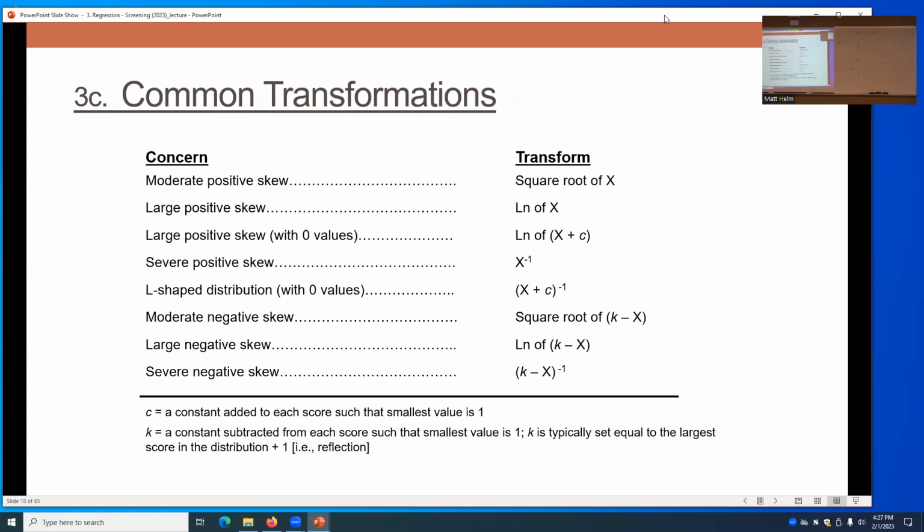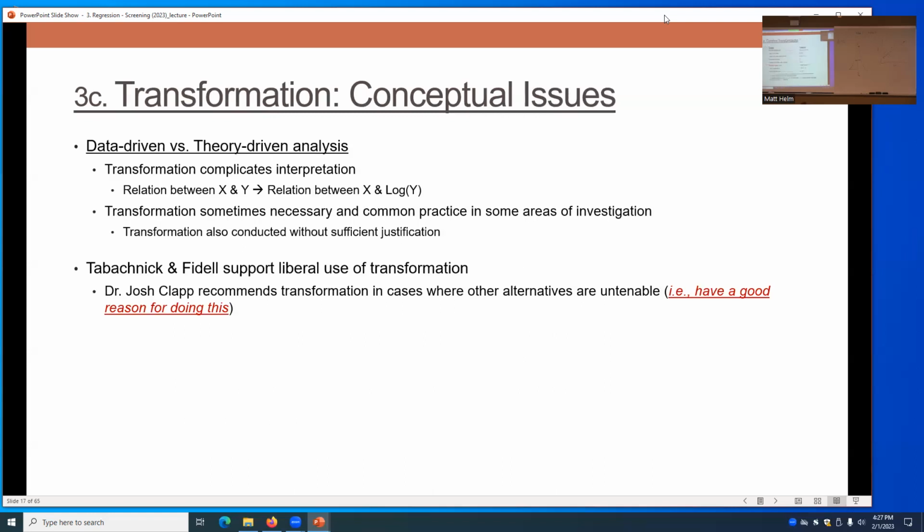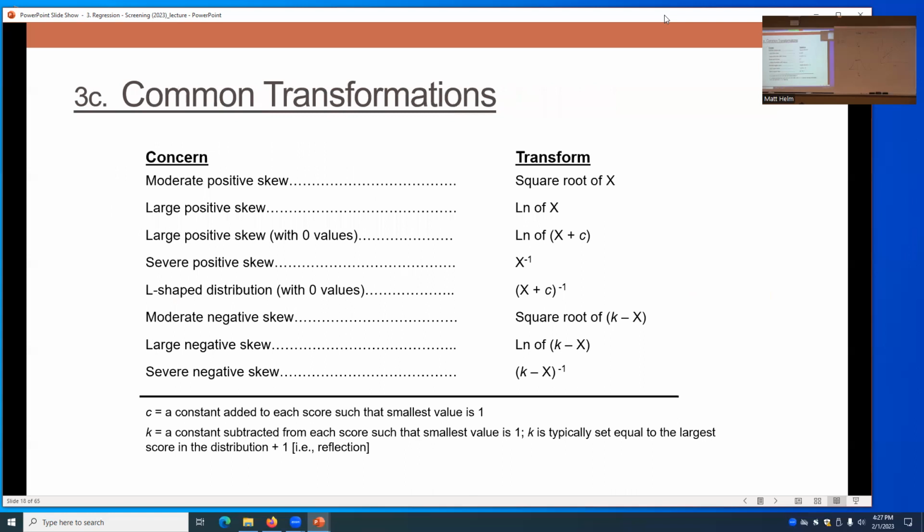So in terms of common transformations, there are whole fields of statistics where they get into really intense, involved transformations. We see that less commonly in behavioral sciences. Some common ones that you'll see: if we have moderate positive skew, take the square root of X. If I just take the square root of all of my values, that will make a moderate positive skew better.